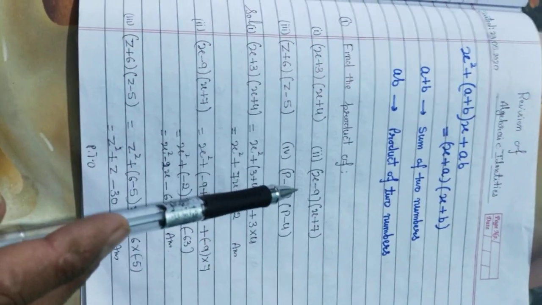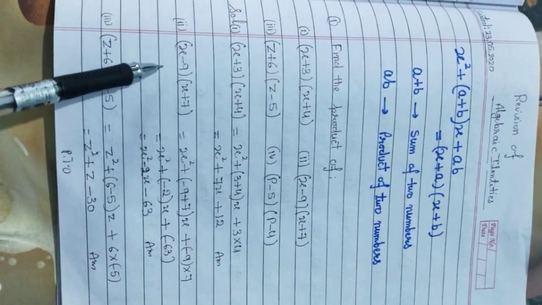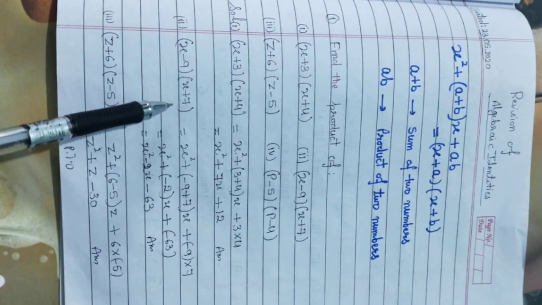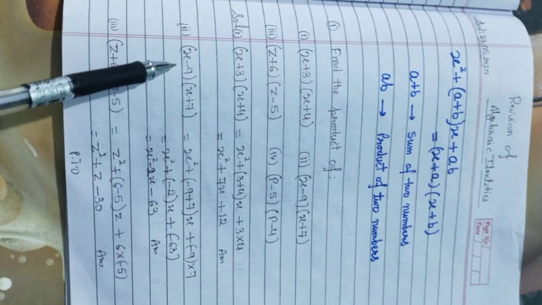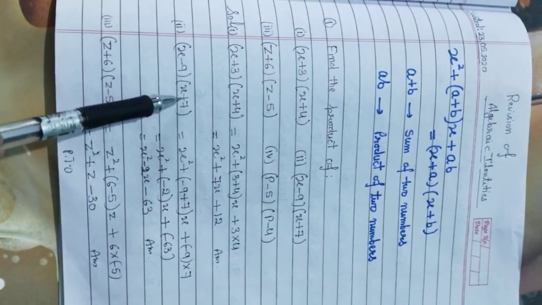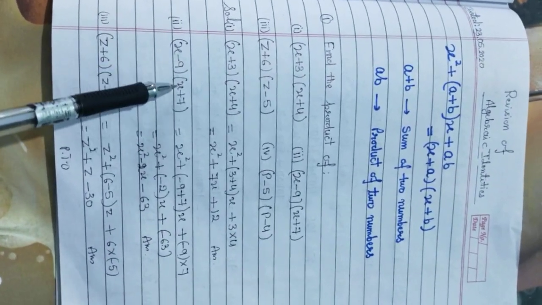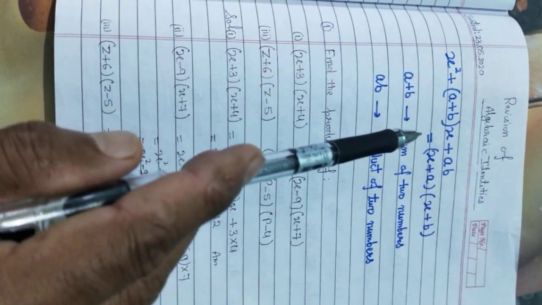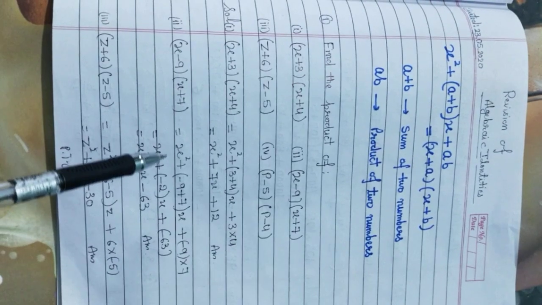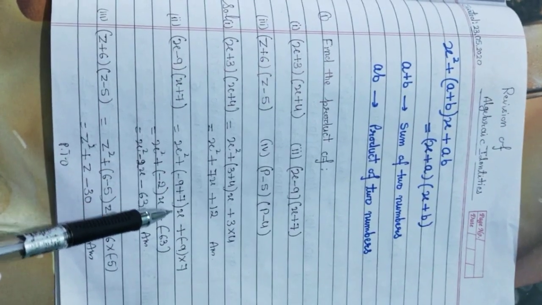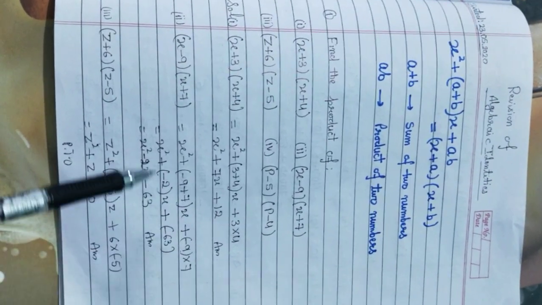Second, (x minus 9) into (x plus 7). Here the variable is x, a is minus 9 and b is 7. Using the identity, x square plus (a plus b)x plus ab is equal to x square plus (minus 9 plus 7) into x plus (minus 9) into 7.